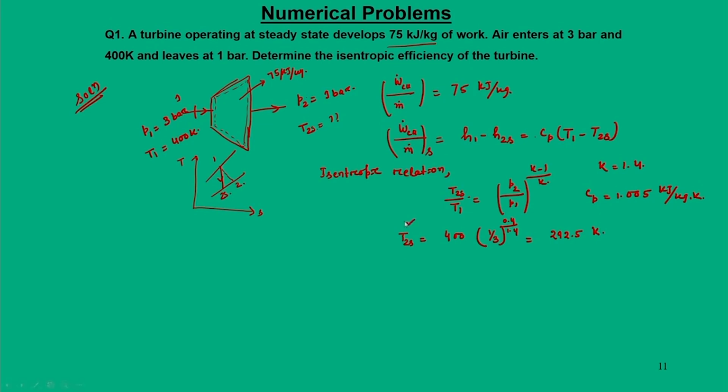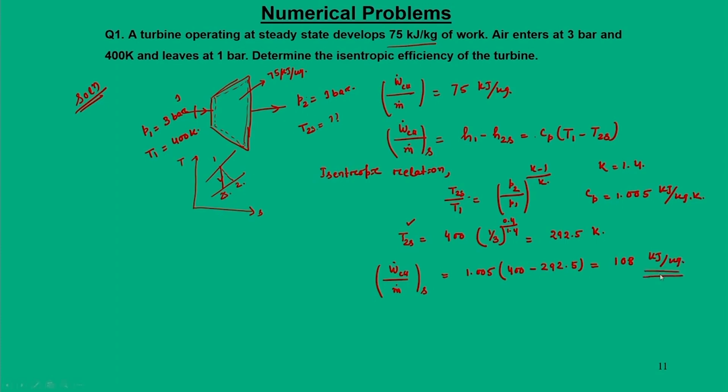So, we know T2S, then we can find W dot CV by m dot for an isentropic process, that is 1.005 times (400 minus 292.5). This number would be about 108 kilojoule per kg.